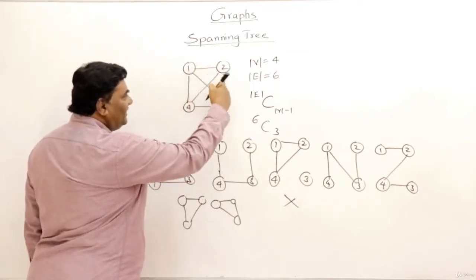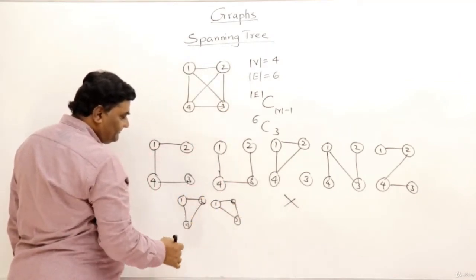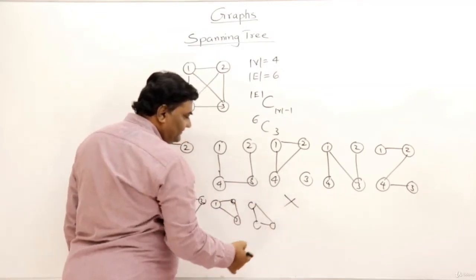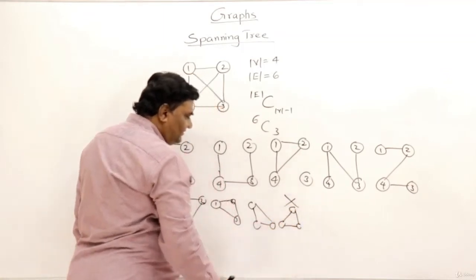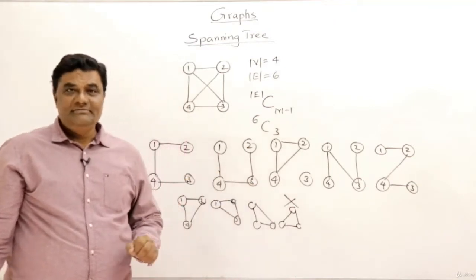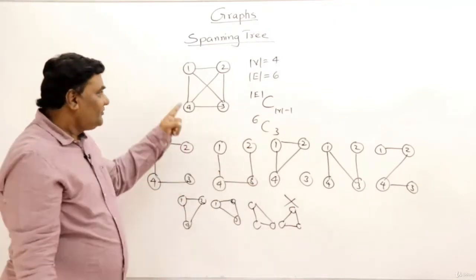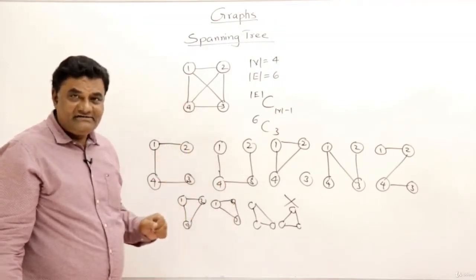If I take this 1, 2 and 3, and this 1, 2 and 4, then if I take this, it will also form a cycle, and even this will form a cycle. So 4 cycles are possible. I should not take those sets of edges which form cycles. So in total I could find 4, right? And there are 4 cycles in this graph.